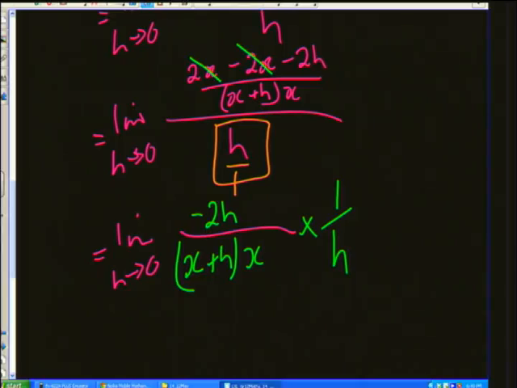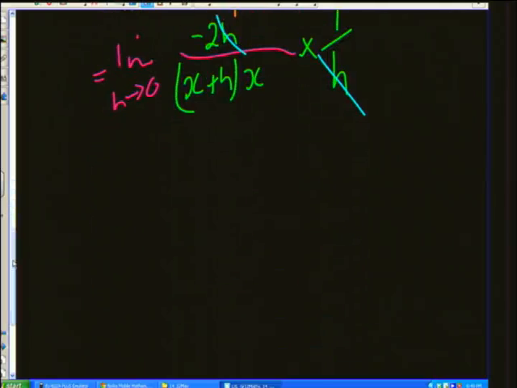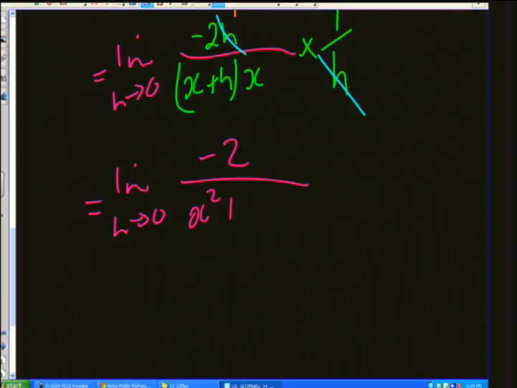Now, look here. This is so exciting. I'm almost going to cry. Look what happens. Those cancel. And I can now write the next one. Limit as h tends to 0, and I've got minus 2 on the top line. I've got to expand on the denominator now. x times x is going to give me x squared plus x times h.